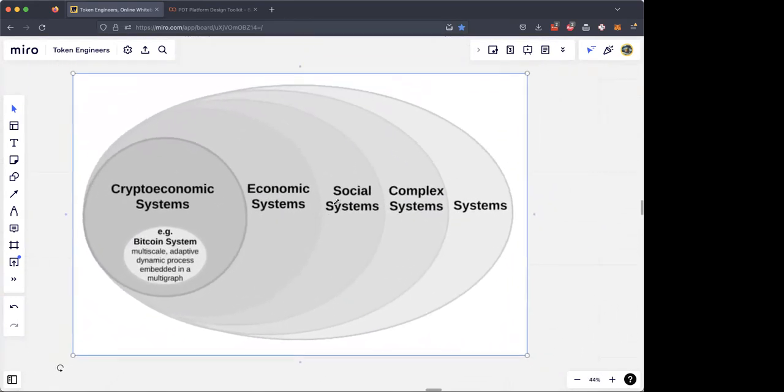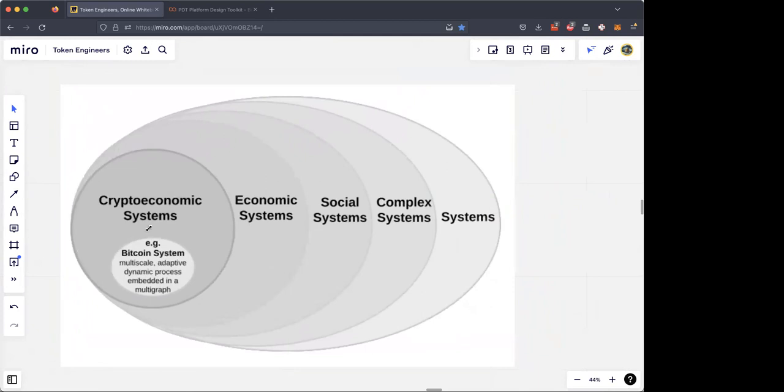So crypto economic systems like Bitcoin are economic systems, that's a subset, which are part of social, which are part of complex, and which are part of just systems in general. Maybe try to make sense of all this. Economic systems are, I guess, systems in which there are agents that are optimizing for their utility.